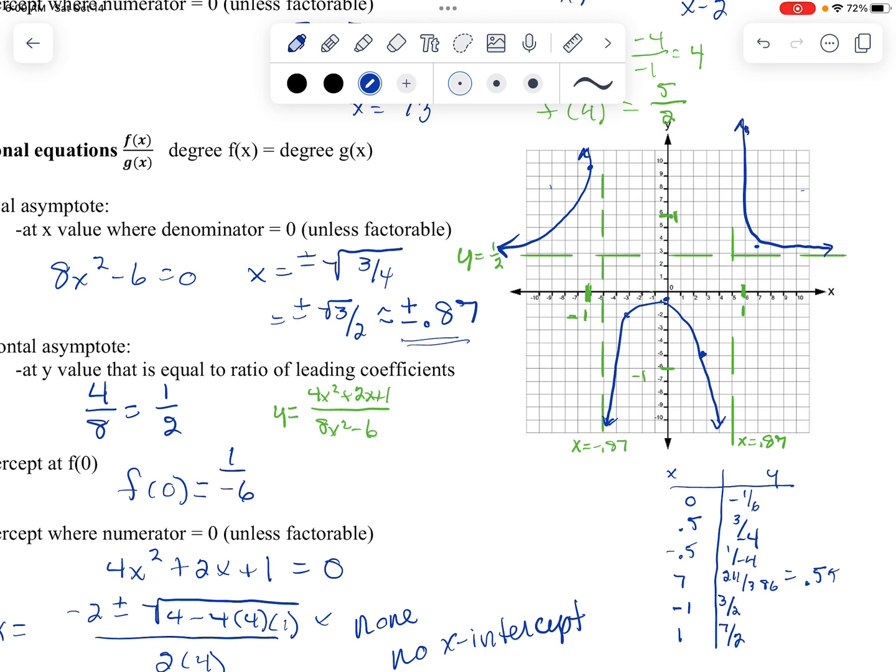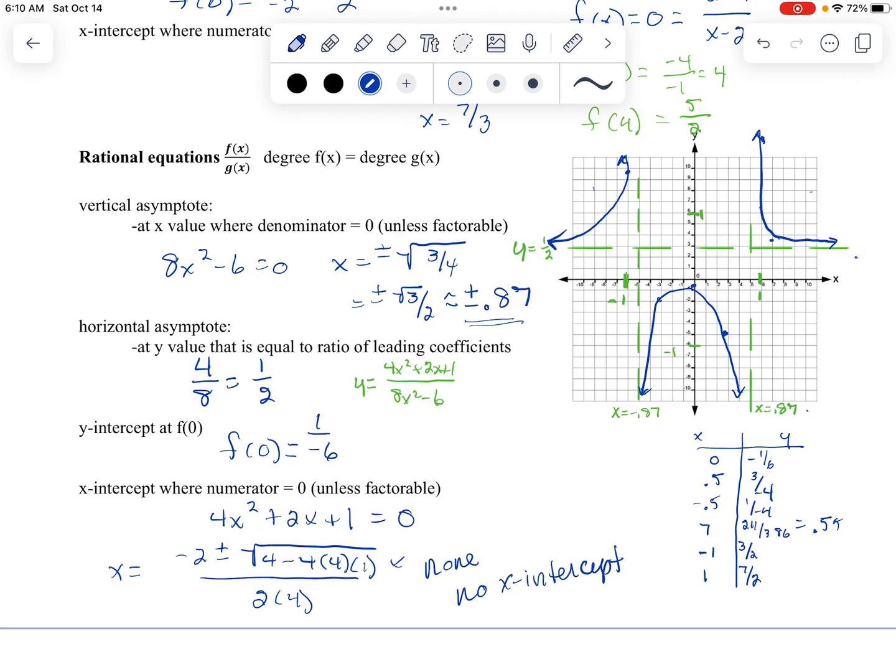Now, what would I expect when you're graphing? Definitely, I would expect for you to graph your asymptotes. I would expect that you could plug in maybe 2 points. I would not ask for more than 2 because that's 6 points already to give a basic shape. And if one of those points are the intercepts, that's great. Notice we found out because we had a negative under the radical that we didn't have any x-intercepts, which we don't in this case.